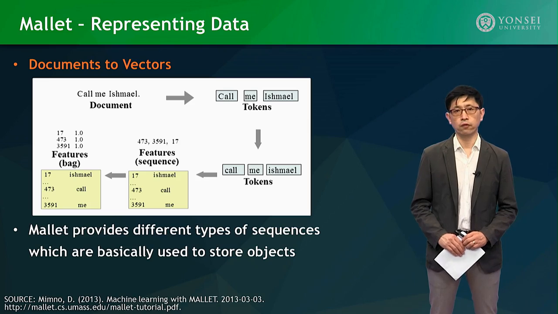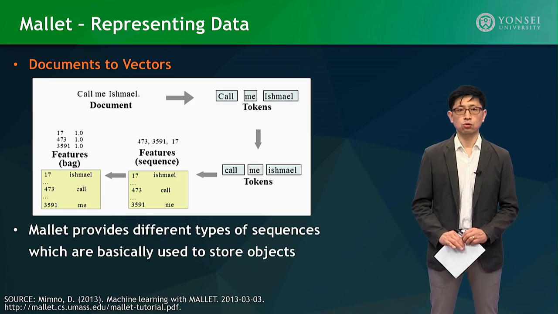Tokens are then converted into features while preserving their sequence in documents. They can be further transformed into a bag of features. The sequence of these steps is executed in the Pipe class of Mallet.